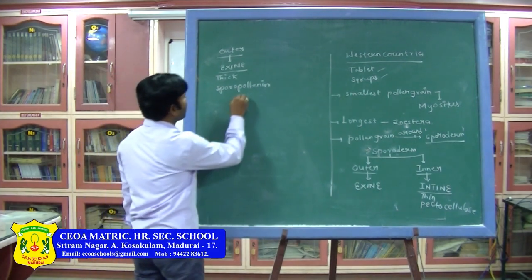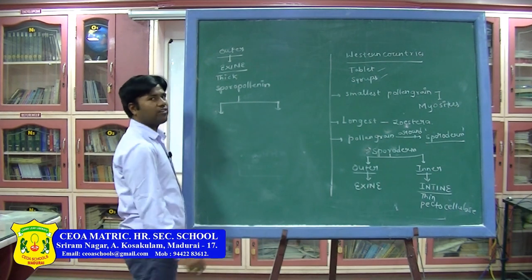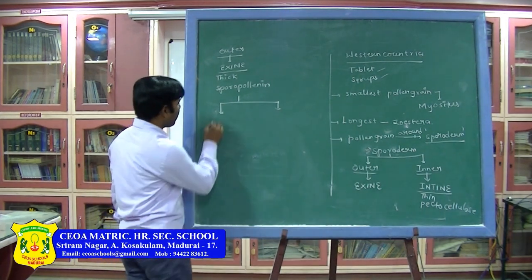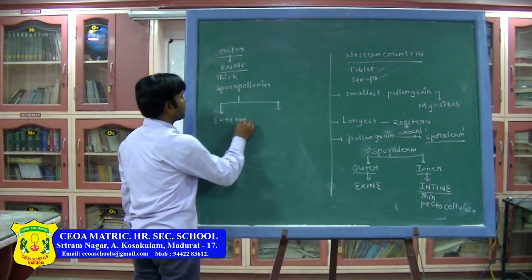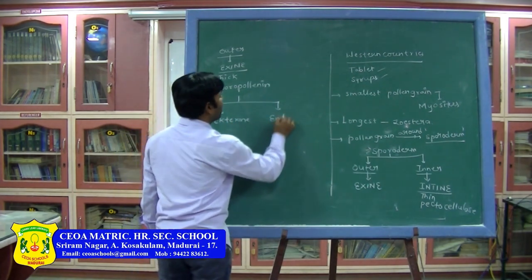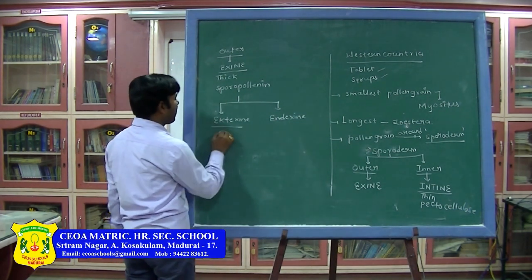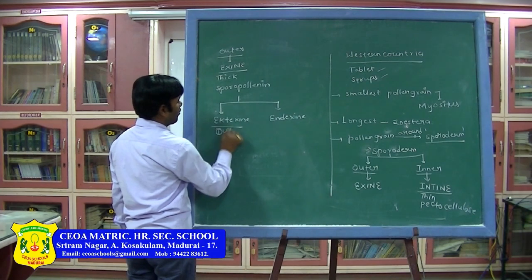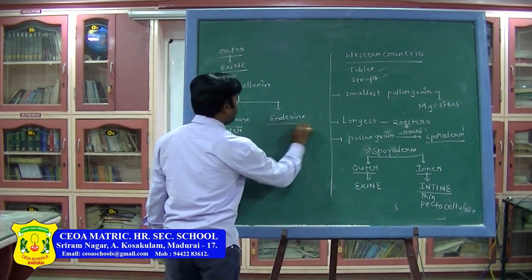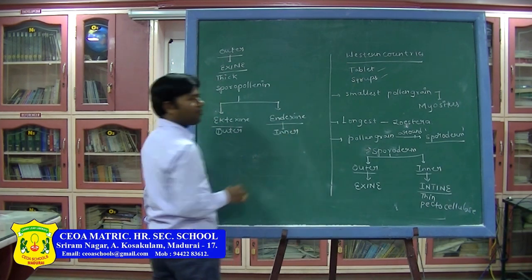Then the exine consists of two sublayers. One is the ectexine, another is the endexine. Ectexine means the outer layer, and endexine means the inner layer.